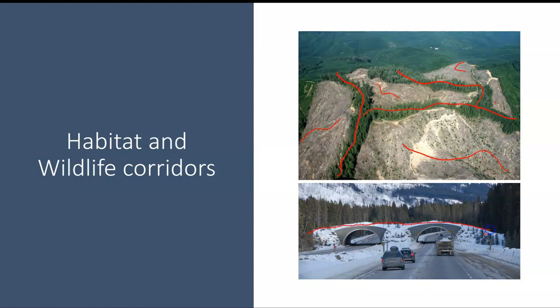When we have fragmentation caused by major interstates, like I-90 in this case, that is a fragmentation of habitat. It makes it very difficult and unsafe for species to cross that big barrier into other parts of their forest habitat. So in many places, they've begun installing these wildlife crossings and corridors so that they can safely navigate past or through that highway in this case.